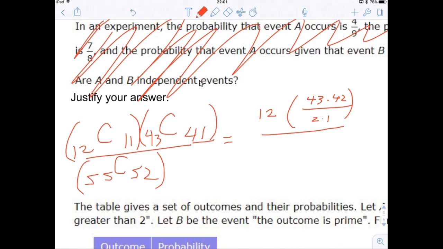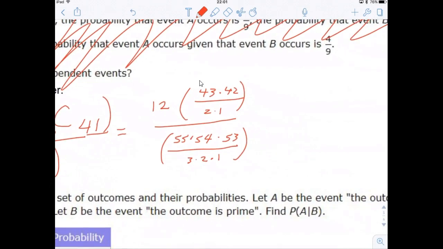And then 55 choose 52 is equal to 55 times 54 times 53 divided by 3 times 2 times 1.